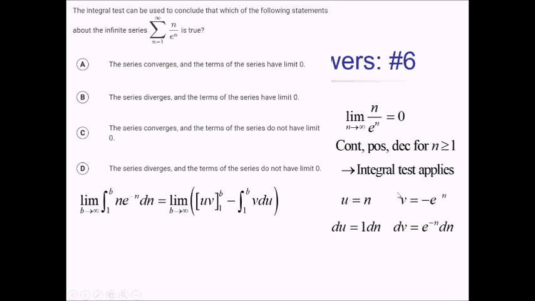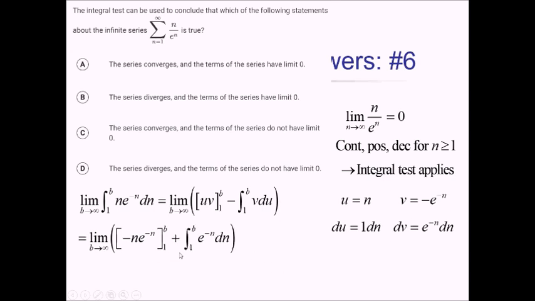So doing my little 7 pattern here to write things out, I'm going to have limit as b approaches infinity of, and now here's the uv part. This will be negative n e to the negative n, evaluated from 1 to b, minus, now I have a negative negative, so this is going to be a plus integral from 1 to b of e to the negative n dn in there, because there's just a 1 being multiplied in there as well.